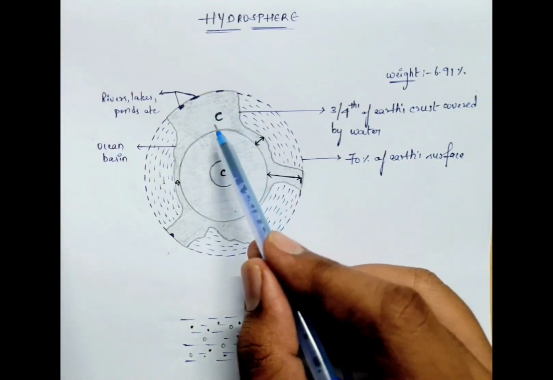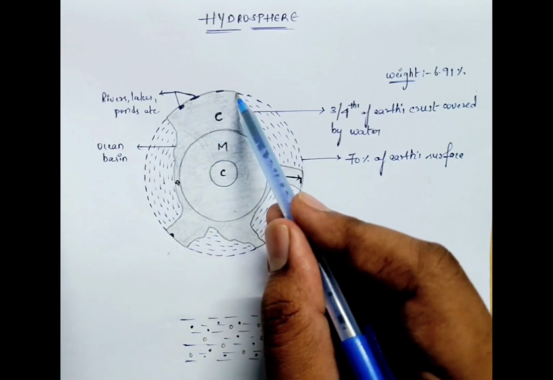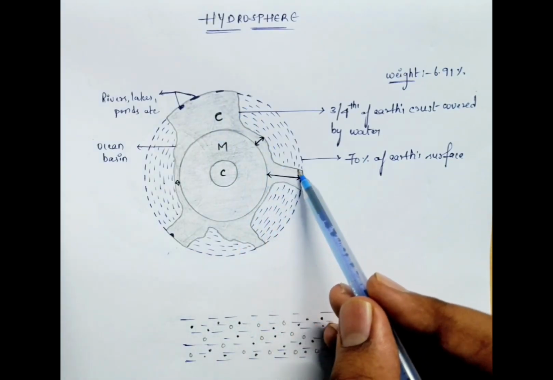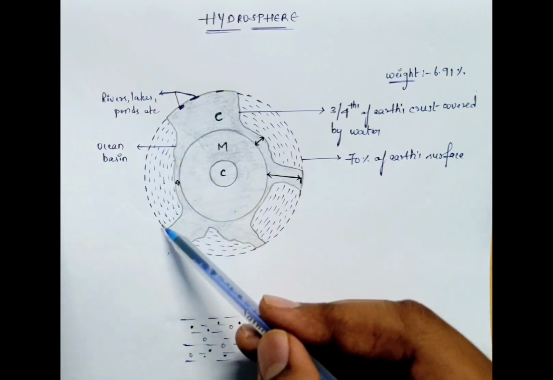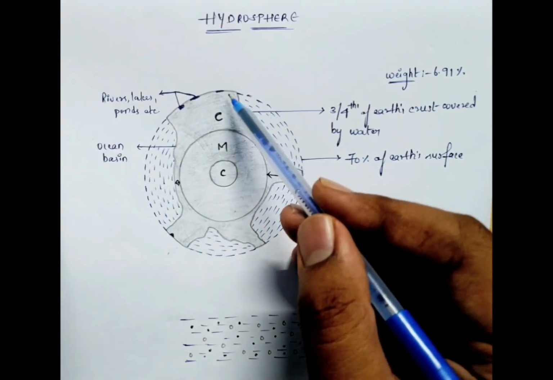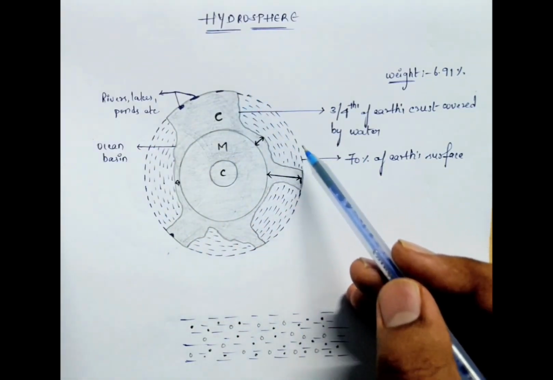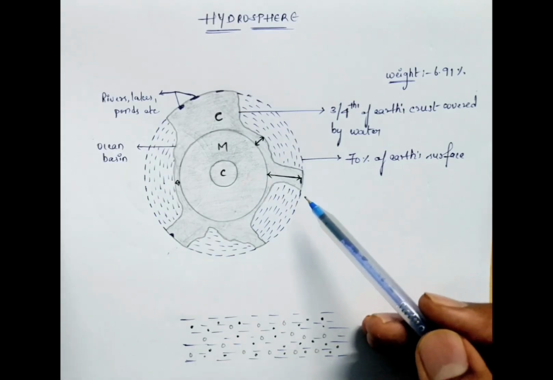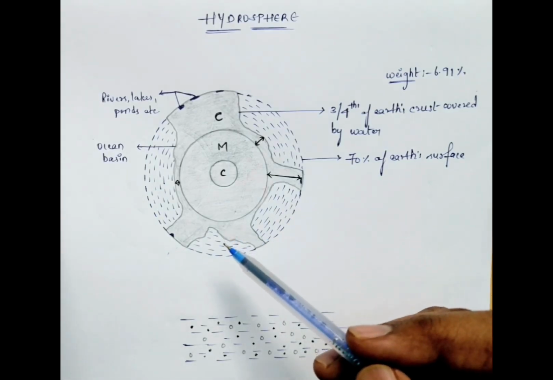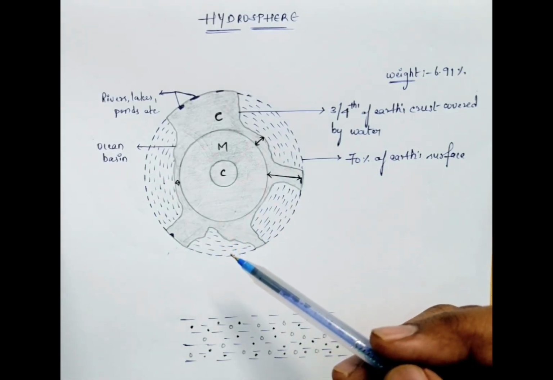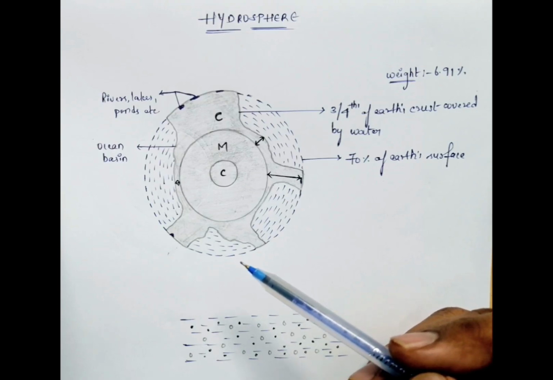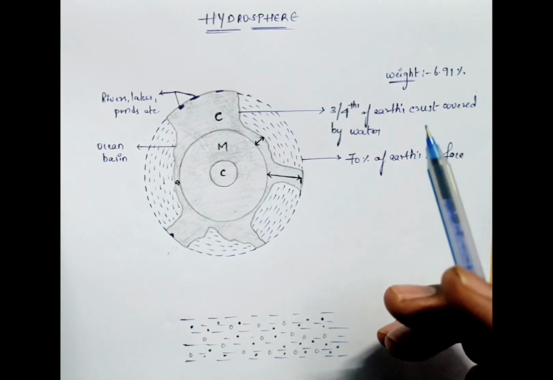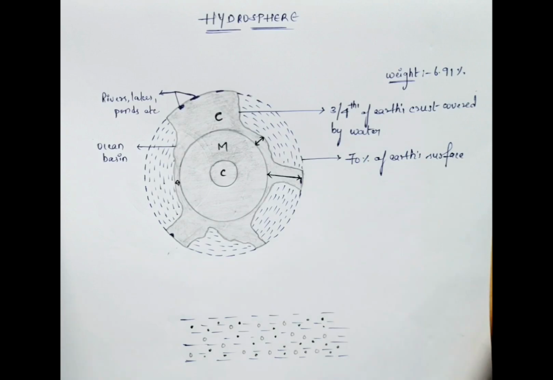So this is surface of Earth's crust, and this is Earth's total surface, friends. So why I am telling about the differences is, you can find 2 points about Earth's surface and Earth's crust in the stencil, friends, in the hydrosphere part. So to avoid that confusion, I am telling about these differences, friends.